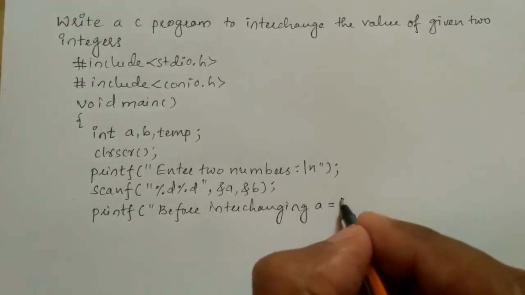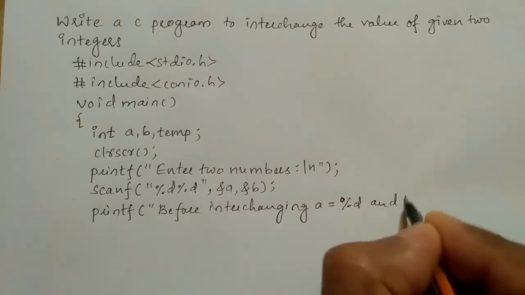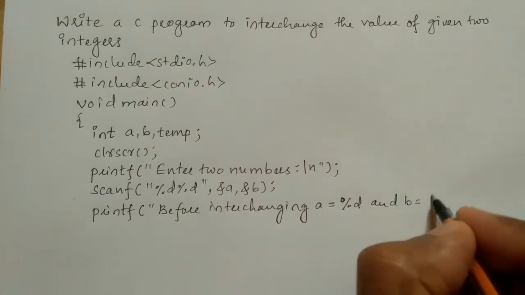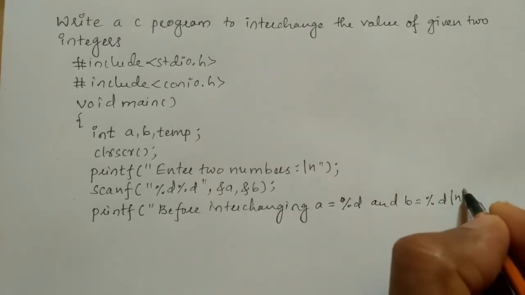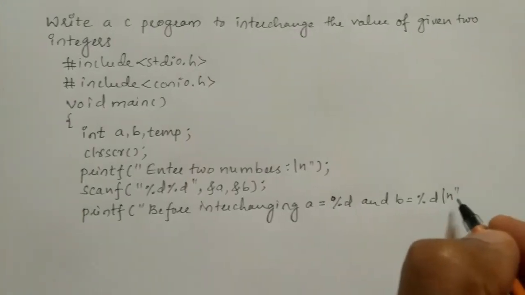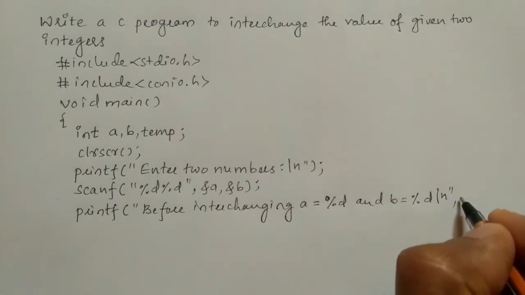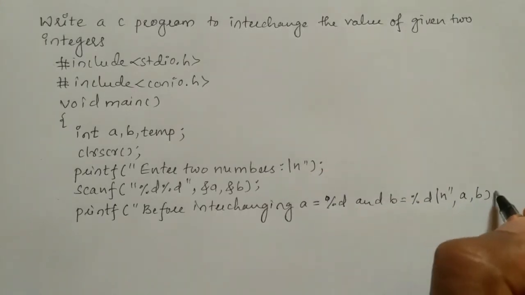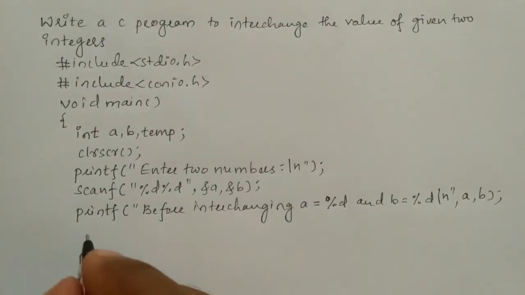Otherwise you can write here %d, and b is equal to %d, and now we'll write \n, end the double quotation mark. And now we are going to put comma, and here we'll write both the variable names a comma b and put semicolon.